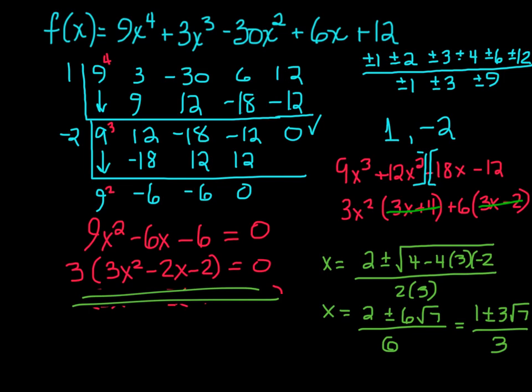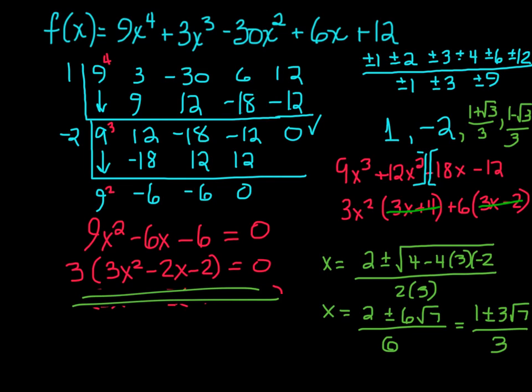So I have 4 total solutions: 1, 2, 3, 4. I'm going to write those correctly up here. So I'm going to do 1 plus root 3 over 3 and 1 minus root 3 over 3. I have 4 total solutions.